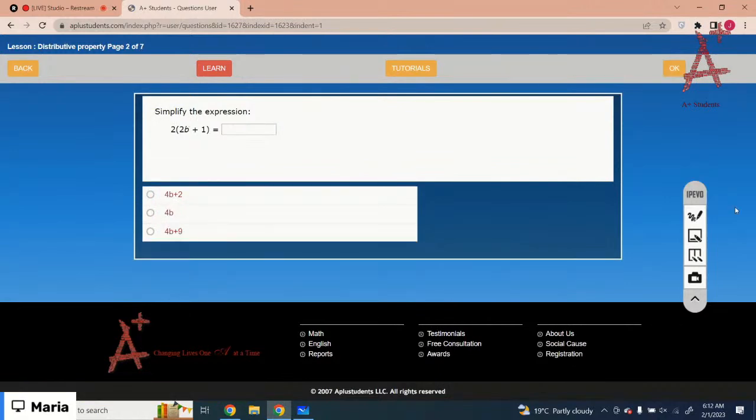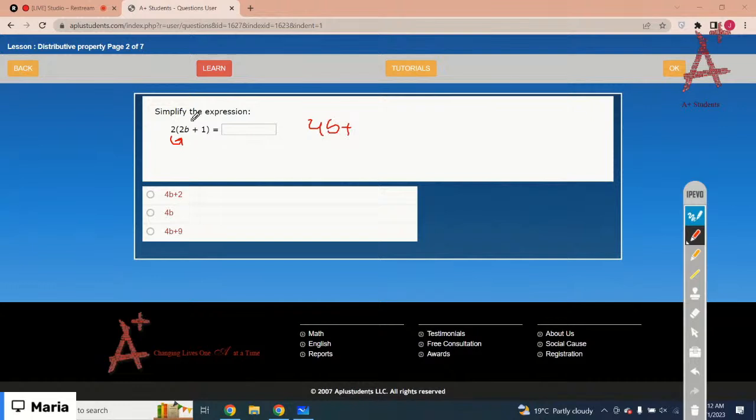Okay, the next one is 2 times 2b plus 1. So you have to multiply the 2 with the 2b and then 2 with the 1. So 2 times 2b: 2 times 2 is 4, it is 4b. And then you have to do 2 times 1.